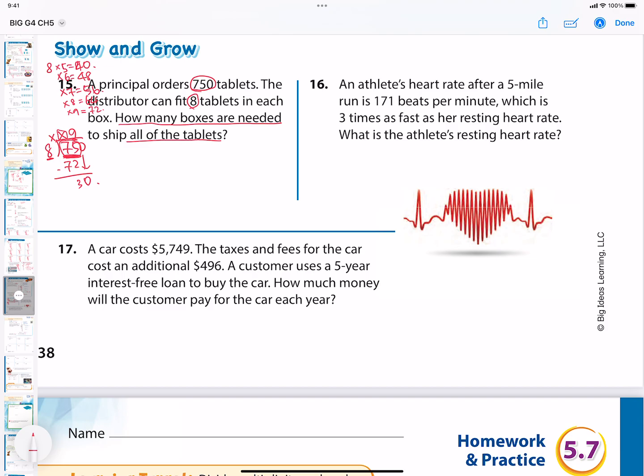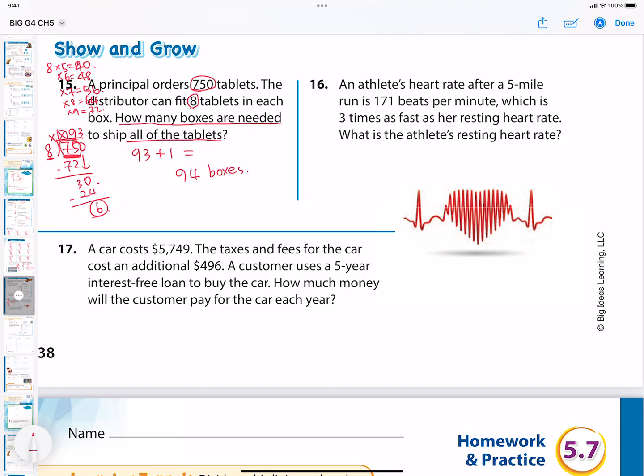Yes, 8 times 3 is 24. When you take away, you have 6 left over. So 6 tablets are going to be left over now. So you need 93 boxes plus 1 more box for these 6 tablets, right? So you need 94 boxes.